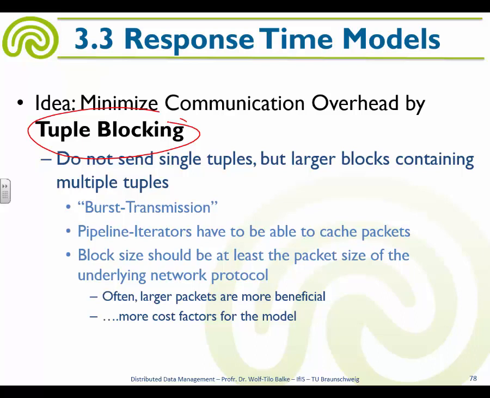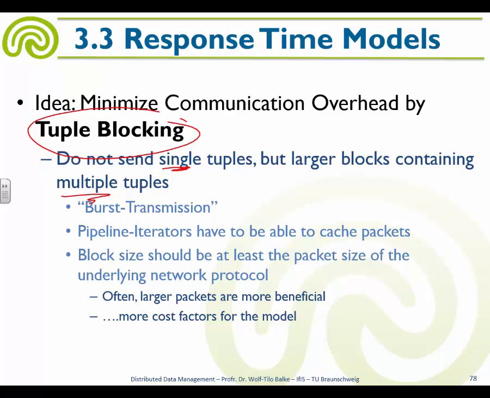What we rather do is tuple blocking. We do not send single tuples, but rather blocks containing multiple tuples, little batches, not producing the whole result and only sending that. But whenever a batch is ready, such that the payload of a packet is met with the number of tuples that I have, then I send off a packet. Then I take the communication overhead, right?